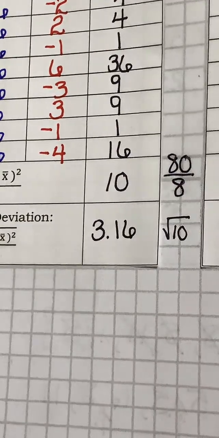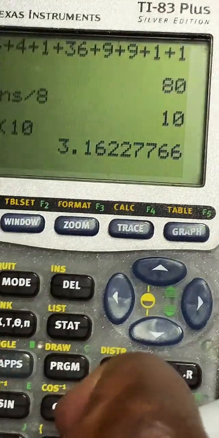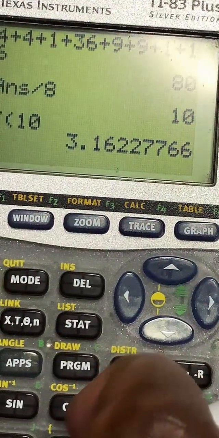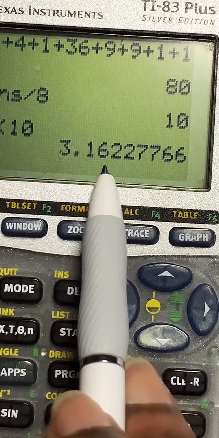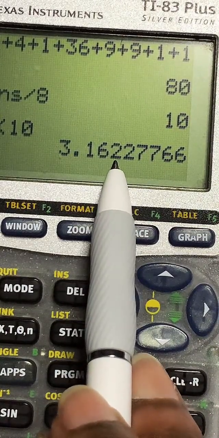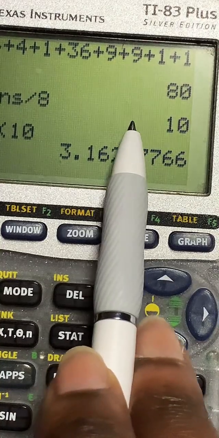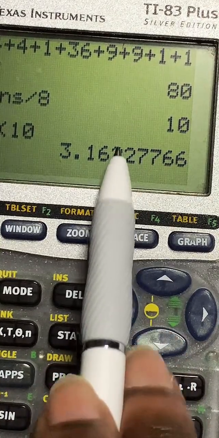So this will give me 3.16. Because if I did 3.1622, remember, if it's 5 and above, we're going to give it a shove. If it's 4 and below, we're going to leave it alone. So that means we're going to leave it alone since it's a 2.